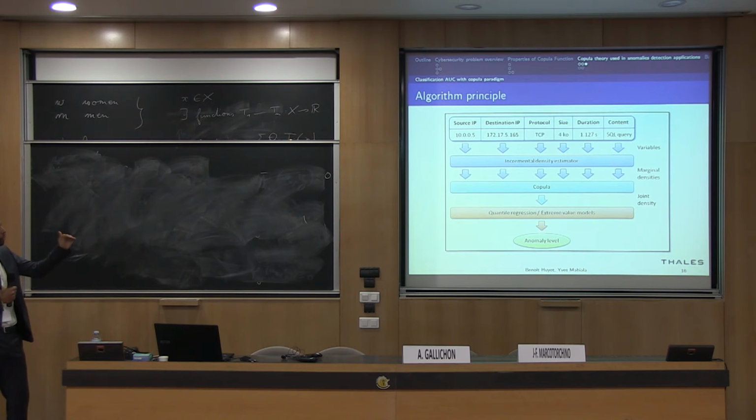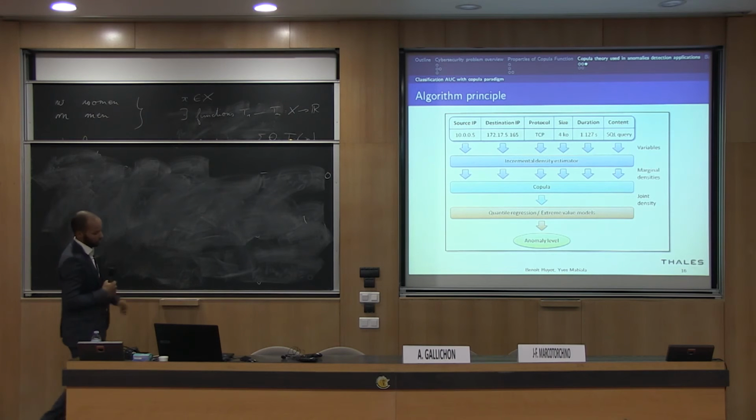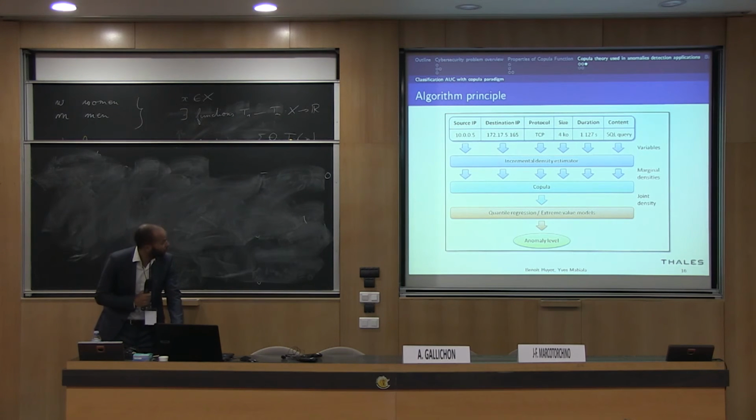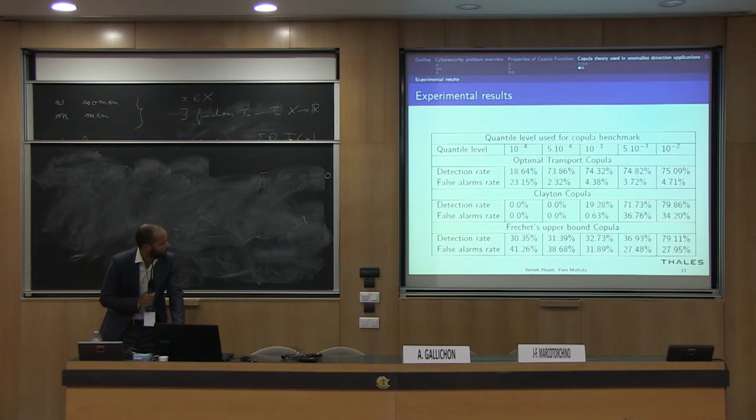You can perform incremental quantile regression, and it will output a threshold to compare against, or we also use extreme value models to do that. At the output, we have the score for the event, and we know if it is considered to be abnormal or not by the models.